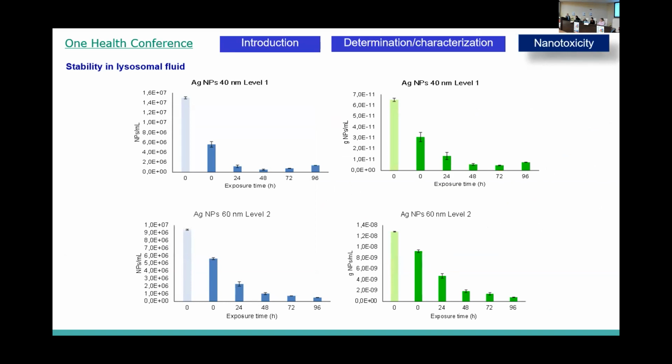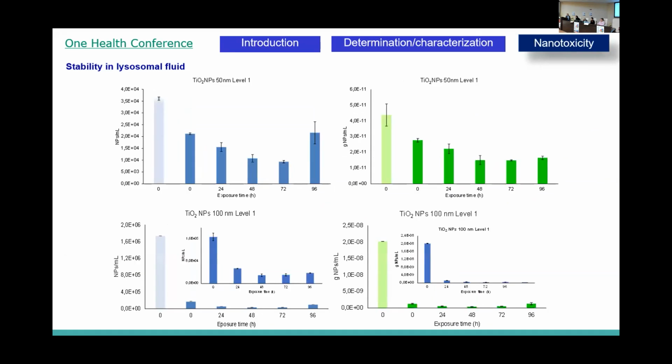That is the graph that you see on the right. In the case of titanium dioxide, it was quite similar. We can see a decrease in the number of nanoparticles, but we can see a plateau here, so until 28 hours the number of nanoparticles remains constant.